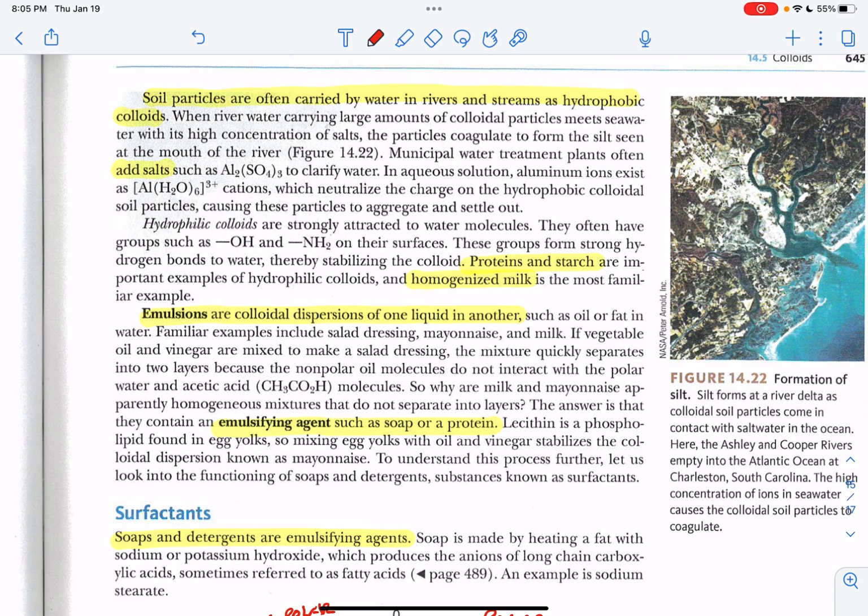But in order to get these soil particles to settle out, we need to add some salts. And of course, by adding salts, you're adding ions, which we can say are very, very polar. And by adding those salts, you help to make the soil particles charged enough to settle out of the solution, so that you can have the pure water.